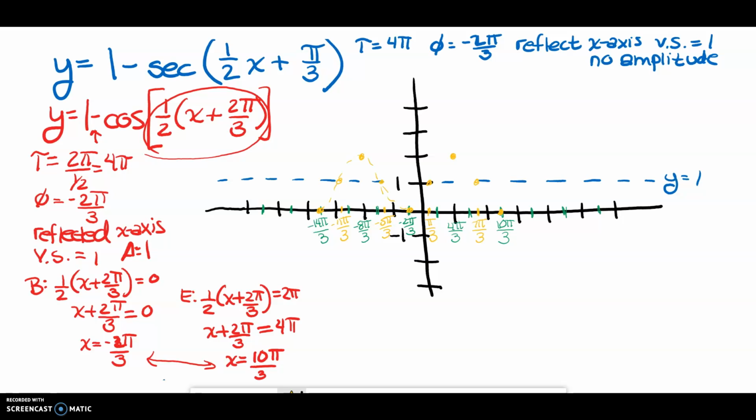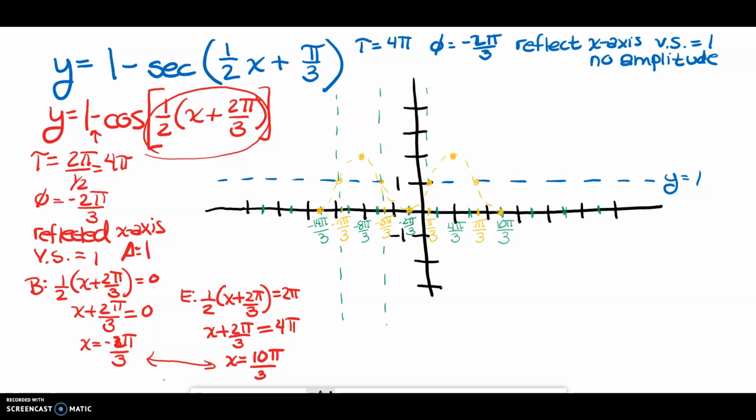I have 2 nice periods graphed here. All right, so now I'm going to go ahead and dash in my asymptotes. I'm going to use green for my asymptotes. Okay, so here we go. Wherever this graph crosses the vertical shift is where my asymptote will occur.